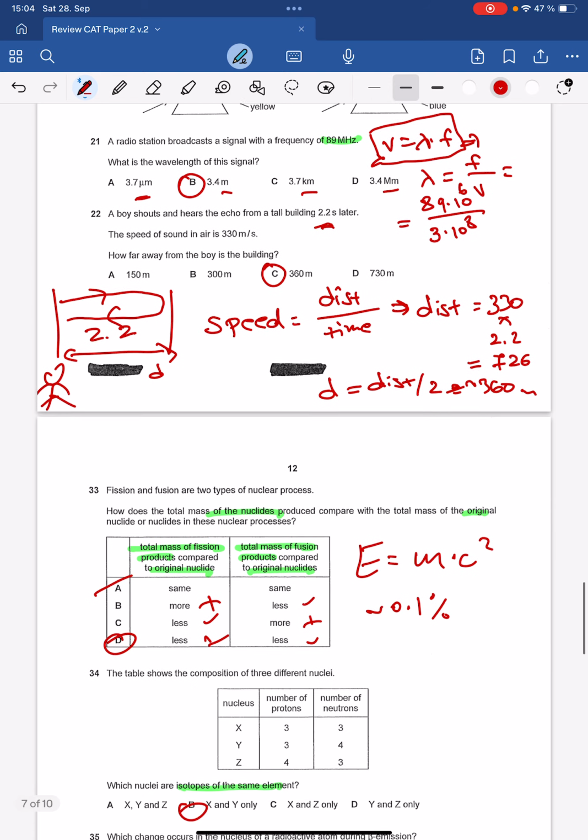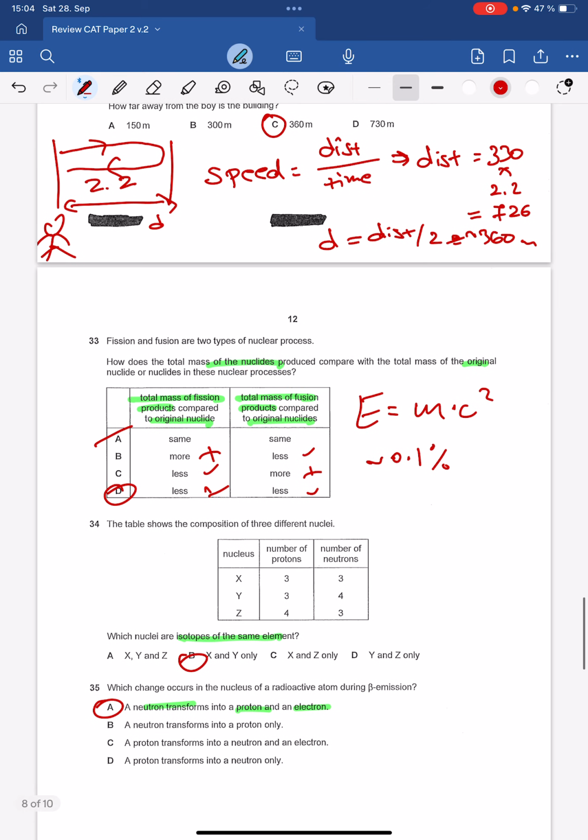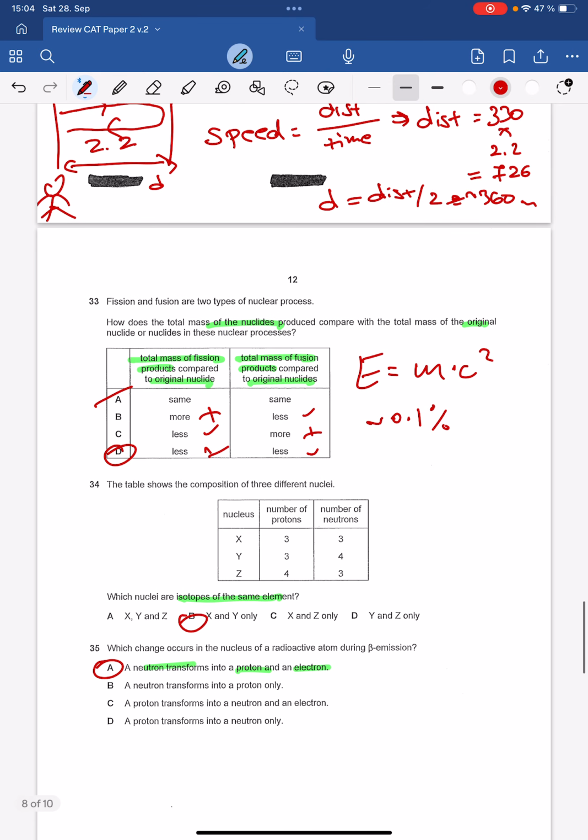Both would work. The next one, I think no one from all three groups got correct, if I'm not mistaken, okay? Again, same structure, different rows, 4 possible answers, and we need to find the condition that agrees with both of them. Fission and fusion, 2 types of nuclear processes.